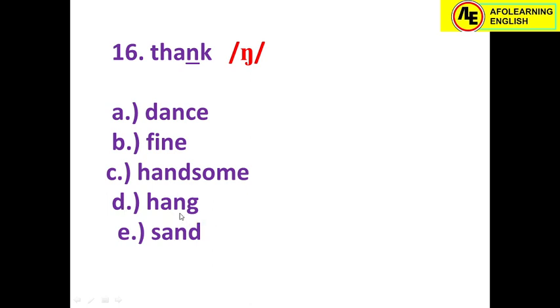When you pronounce it, you can actually feel the sound in the word. If you look at the other options, they contain the alveolar nasal, which is n, and not ng. So the correct answer is an.